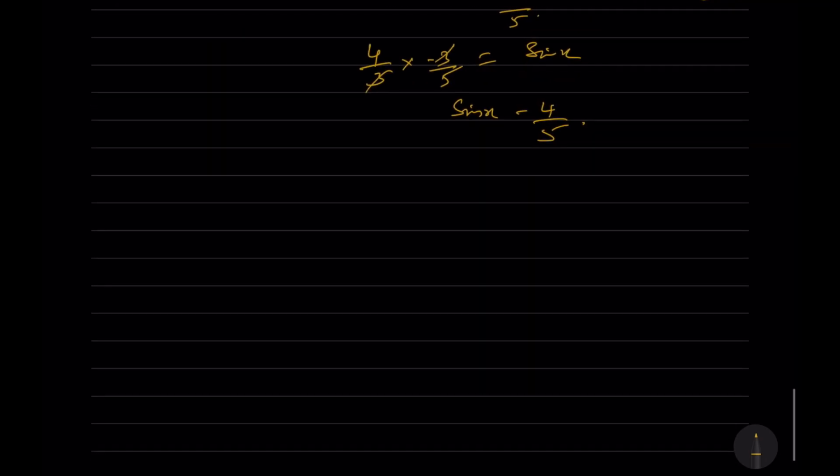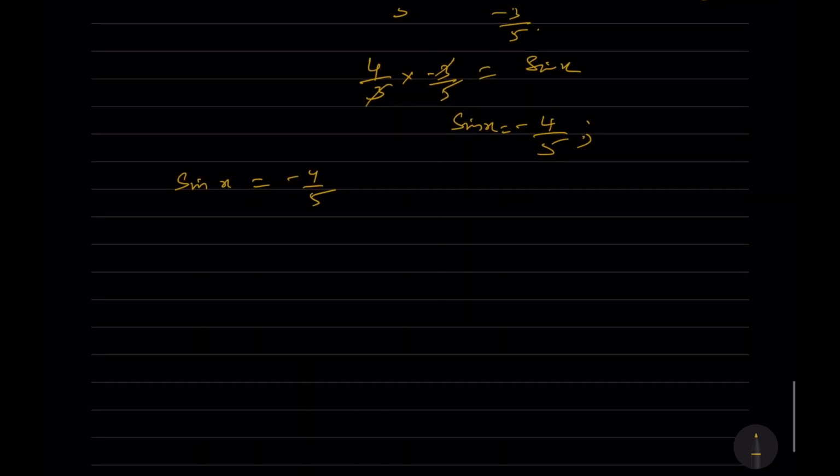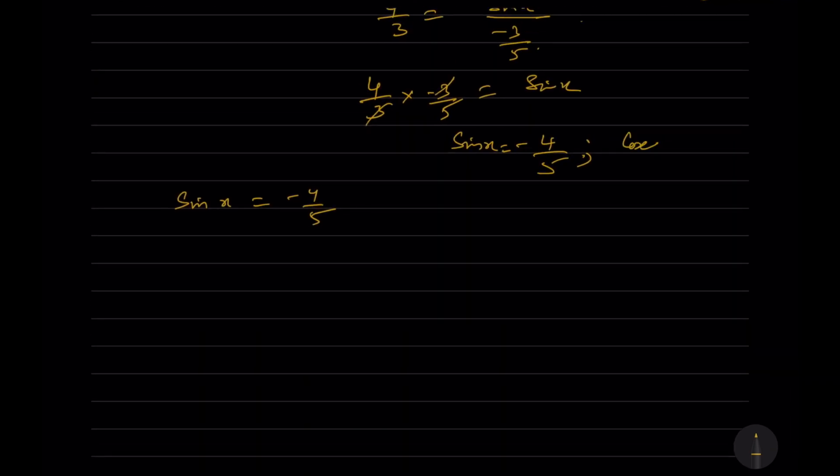So therefore what are all the values? We'll write down. Sin x is equal to minus 4 by 5. From this we can find cosecant. Cosecant x is equal to 1 by sin x, which is equal to minus 5 by 4. So here cosecant x is equal to minus 5 by 4. Then we have cos x.